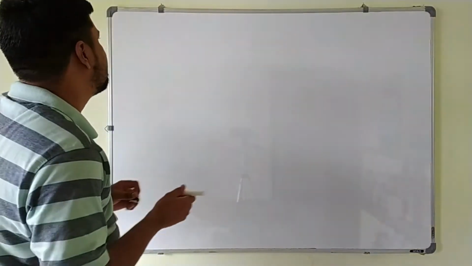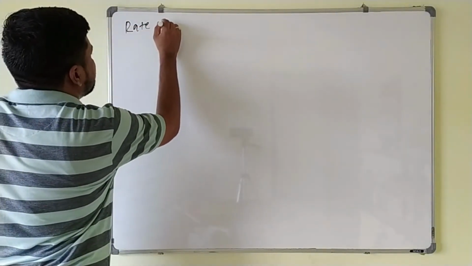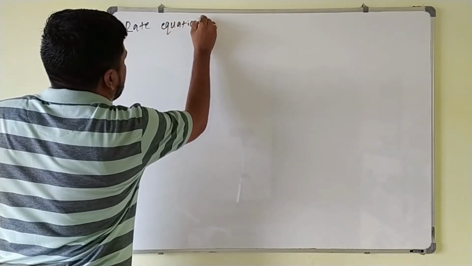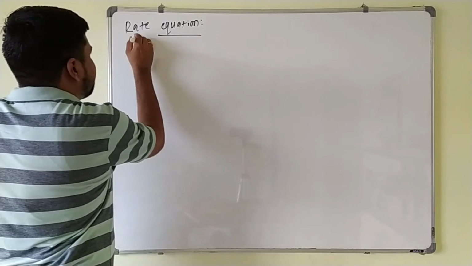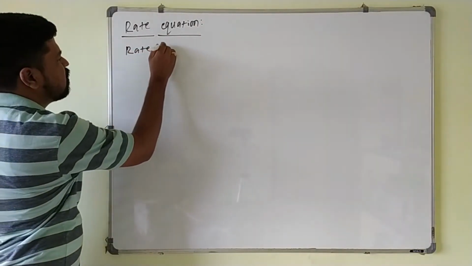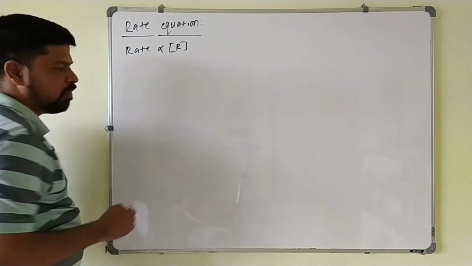So the next concept is the rate equation, or rate law. We call it the rate equation or rate law. Already we know that the rate of the reaction is directly proportional to the molar concentration of the reactants.